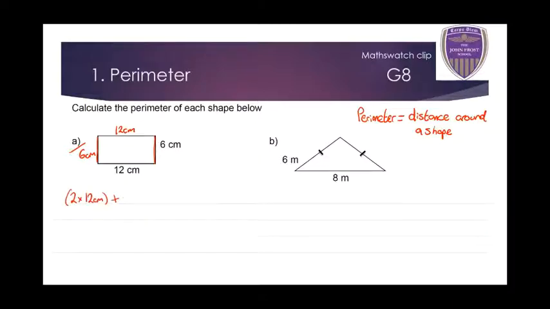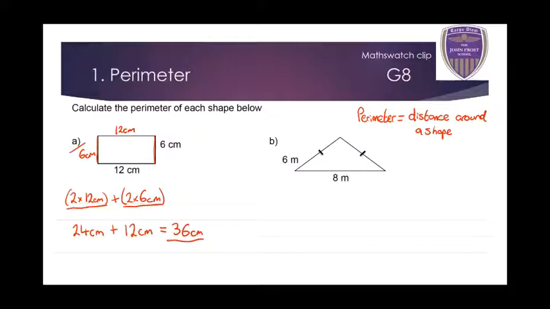I'm going to add that to, I got two 6 centimeters, so 2 times 6 centimeters. Okay, I'm going to solve both of these. So 2 times 12 centimeters is 24 centimeters. And 2 times 6 centimeters is 12 centimeters. So 24 centimeters and 12 centimeters is 36 centimeters. There you go, job done.